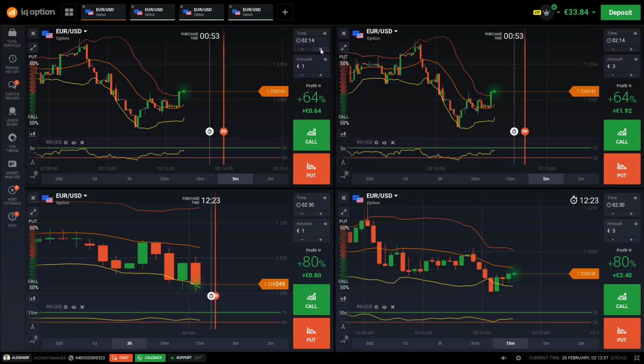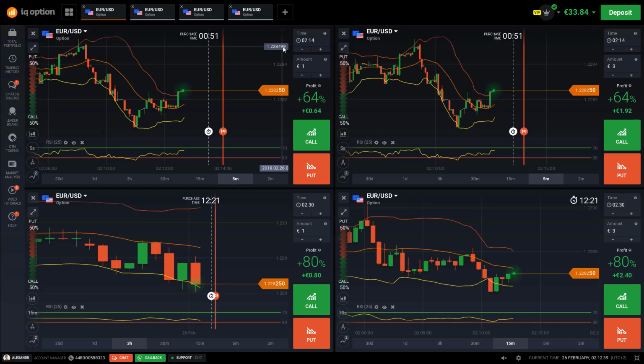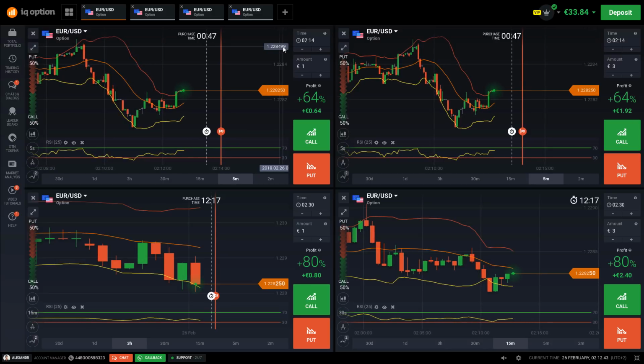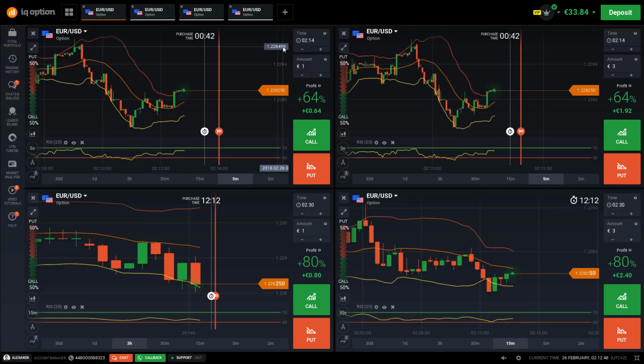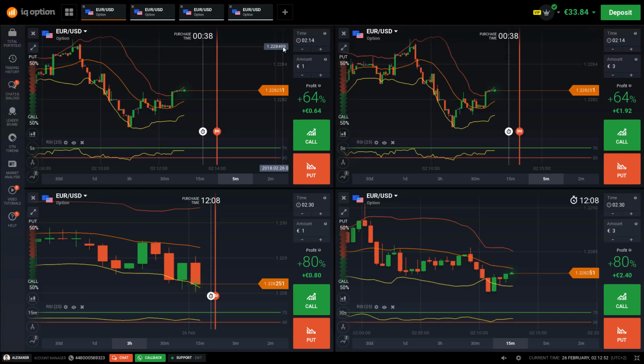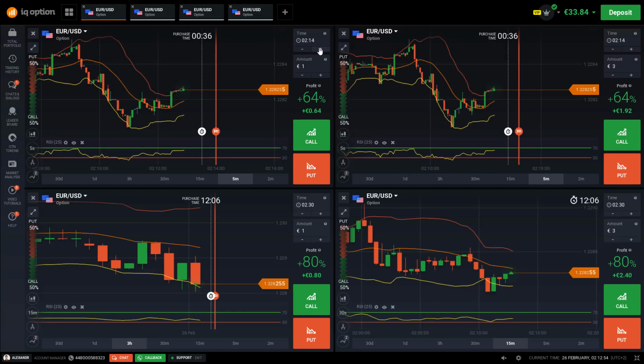It's getting there, but it's not quite yet. So I'm just waiting for the green to get a little higher. But the remaining expiry time is getting a little shorter.